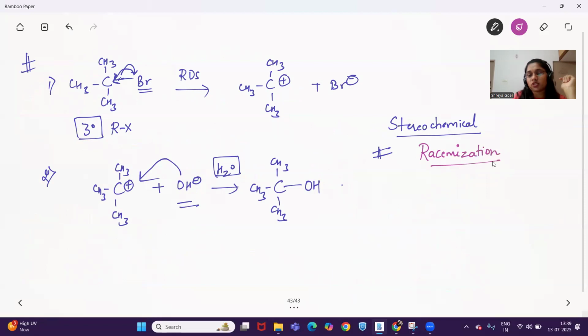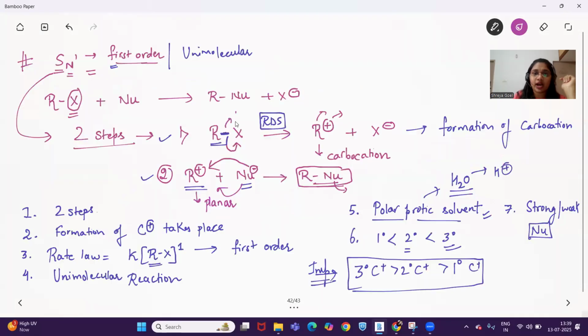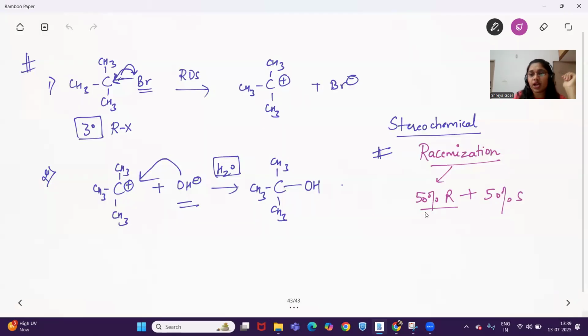So what is racemization? Racemization means you will get 50% R product and 50% S product, right? For example, if the alkyl halide you have taken is R here, you will get 50% R alcohol and 50% S alcohol. So racemization takes place here, right?